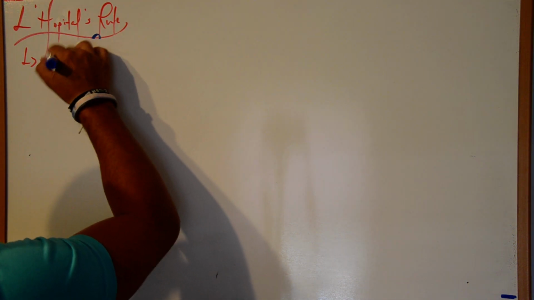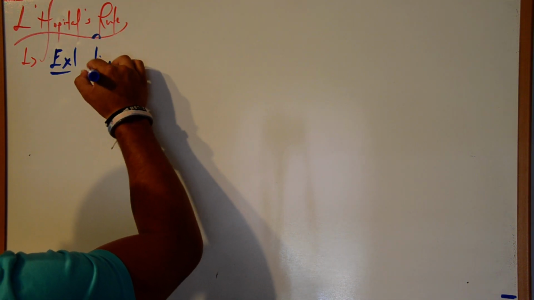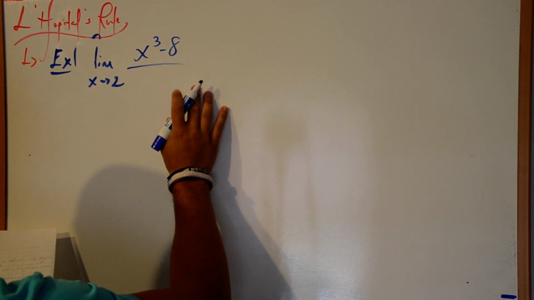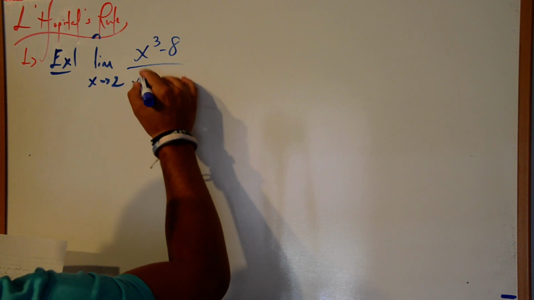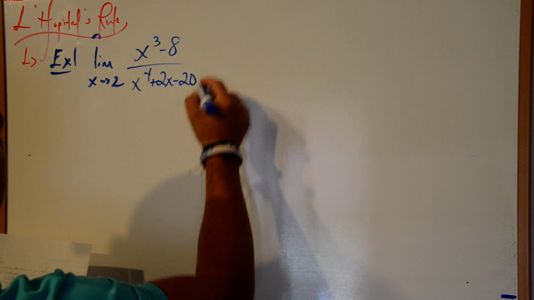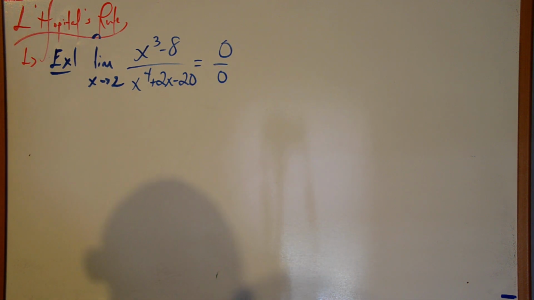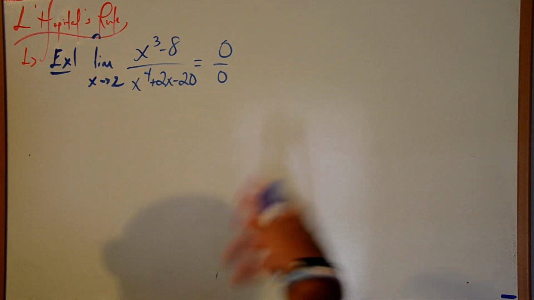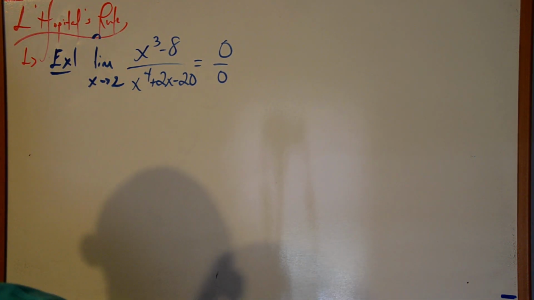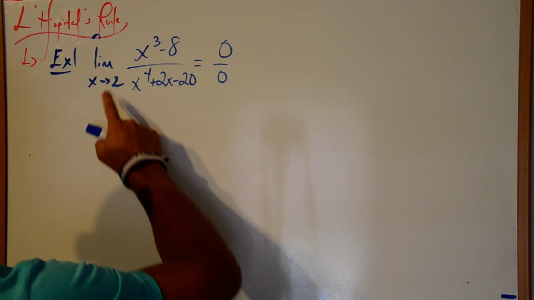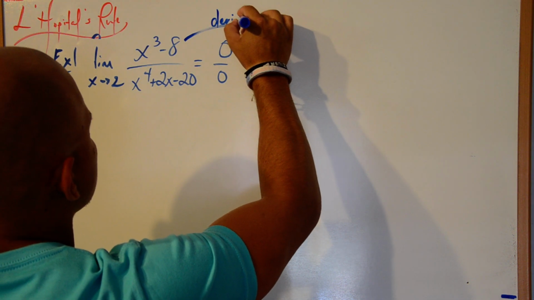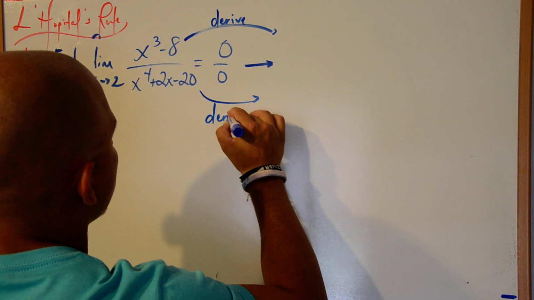Alright, let's say we have the limit as x approaches 2 of x cubed minus 8 all over x to the 4th plus 2x minus 20. If you substitute, you'll see that we get a 0 over 0. Clearly, 2 then becomes a vertical asymptote, right? So it's determining this asymptotic behavior for us. But if we did want to know how the function was behaving as it approaches 2, we would derive both the numerator and denominator.